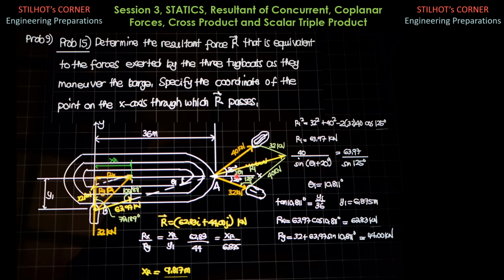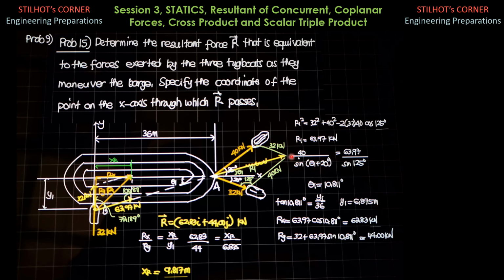So if that is theta 1, this is also theta 1, 10.811 degrees. So let's call that y1, and since this is given, tangent of 10.811 degrees equals y1 over 36. So y1 is 36 tangent 10.811 degrees, 6.875 meters.